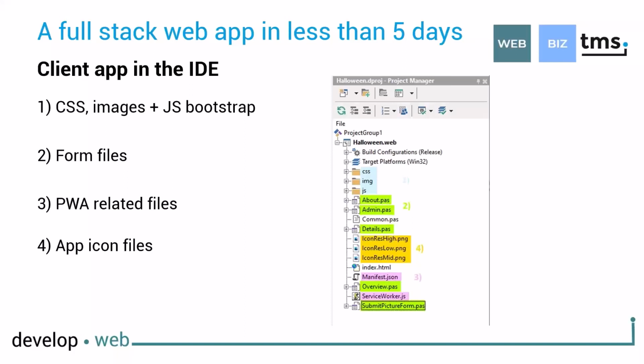A couple of folders we have in light blue: the CSS, the IMG, and the JS folder. These are folders that contain files for the CSS of your application, some images that were used, and JavaScript libraries. Here in particular, we have also used the Bootstrap library, that allows us to create a responsive web application.